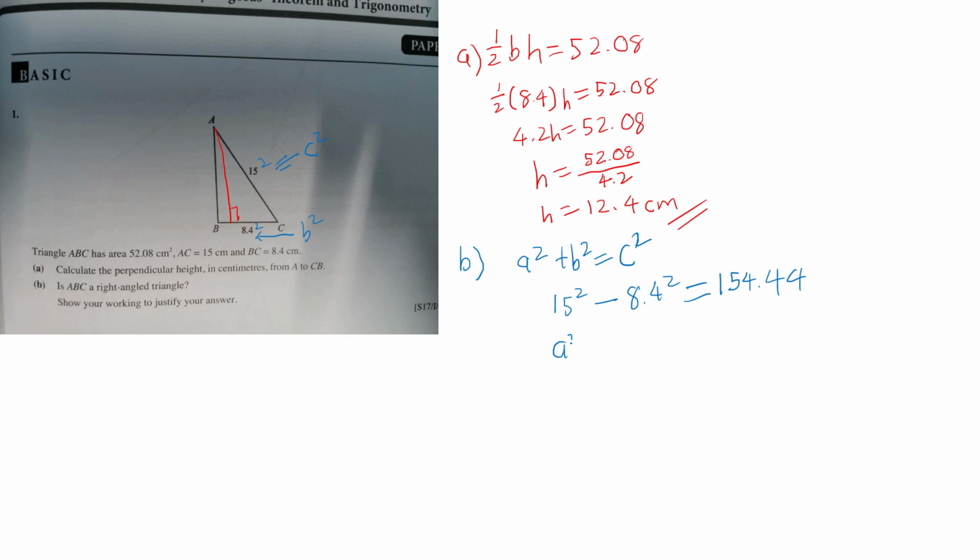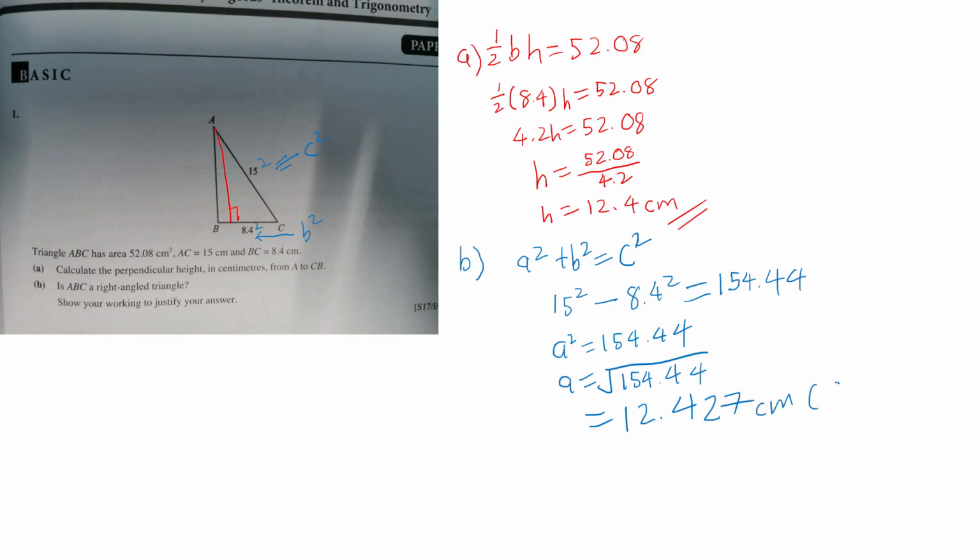So a squared is equal to 154.44, and a is equal to the square root of 154.44, because the square we move over becomes square root. My answer will be 12.427.